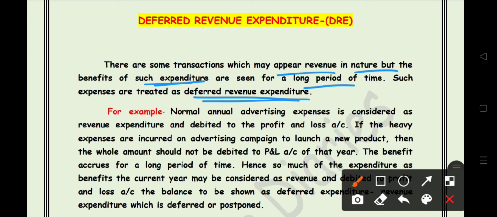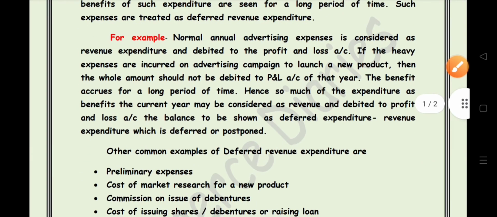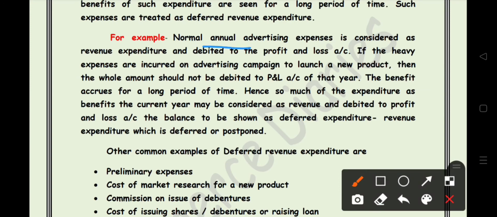Okay, so let us see the example over here. Normal annual advertising expense is considered as revenue expenditure which will be debited to the profit and loss account. As we know, any small advertisement related to our business or product, we treat it as a revenue expenditure and it will show on the debit side of the P&L account.